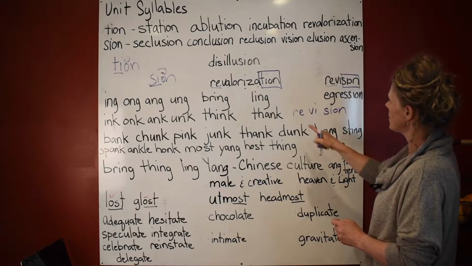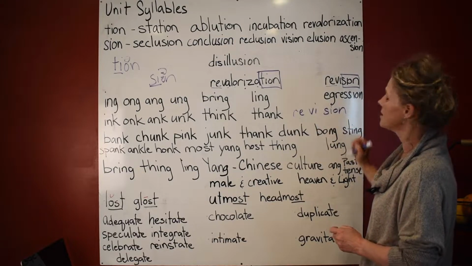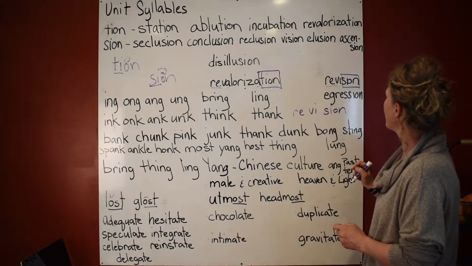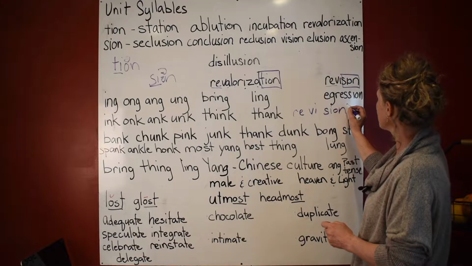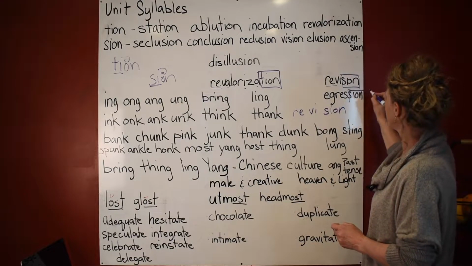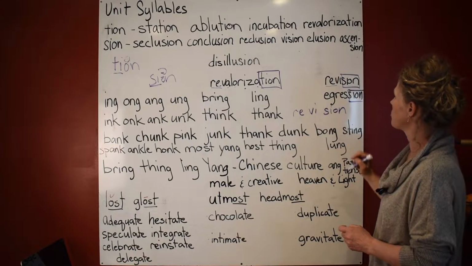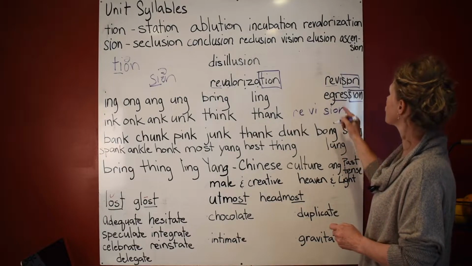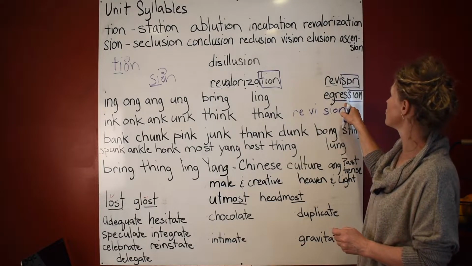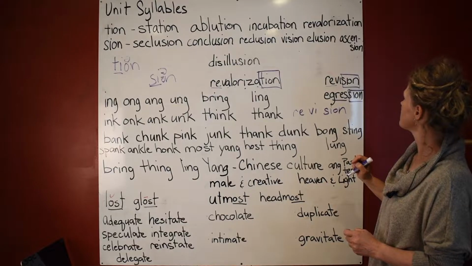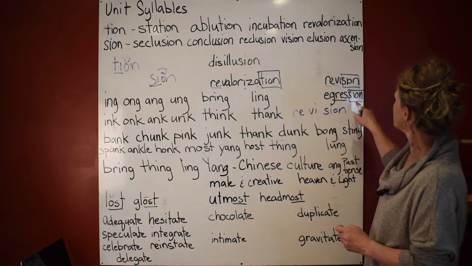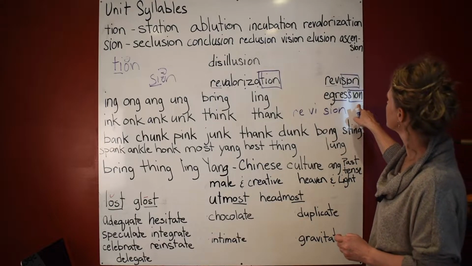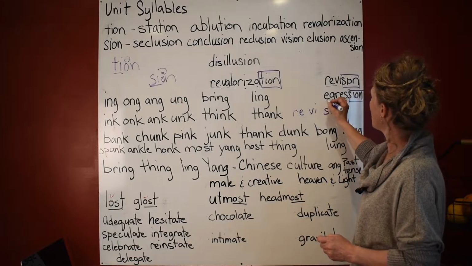So you know that's going to be revision. See how that works? Now, look. With this one, you can find your unit sound, so you can just cross that off. But this right here, gress, is a Latin root. And see how this says shun? And this is going to be open.